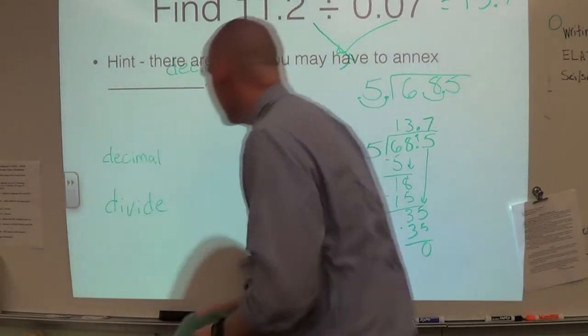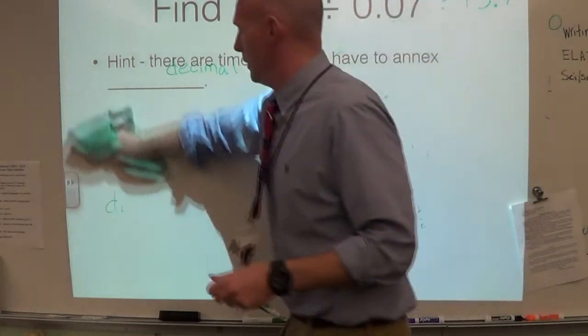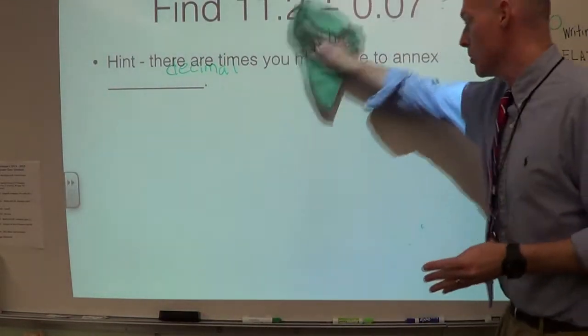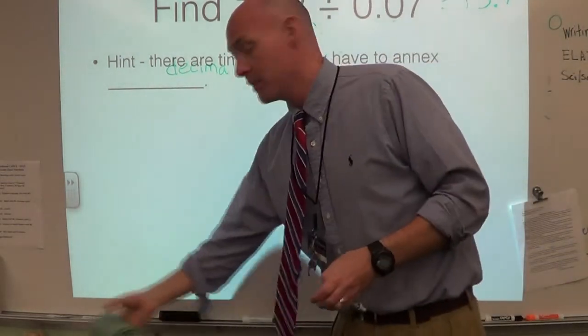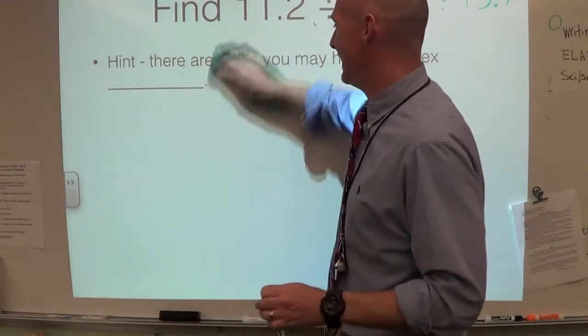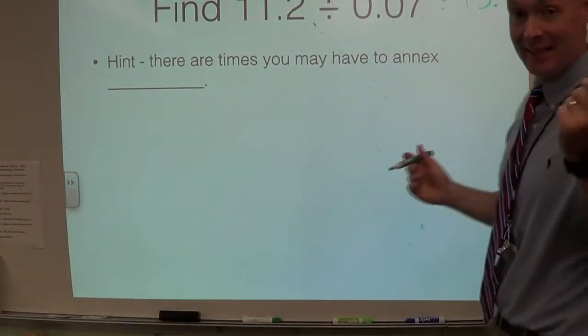Okay. Here's one that could be a little bit tricky because many times when we're dividing decimals by decimals, we're going to have to annex some zeros. Hint: there are times you may have to annex zeros.